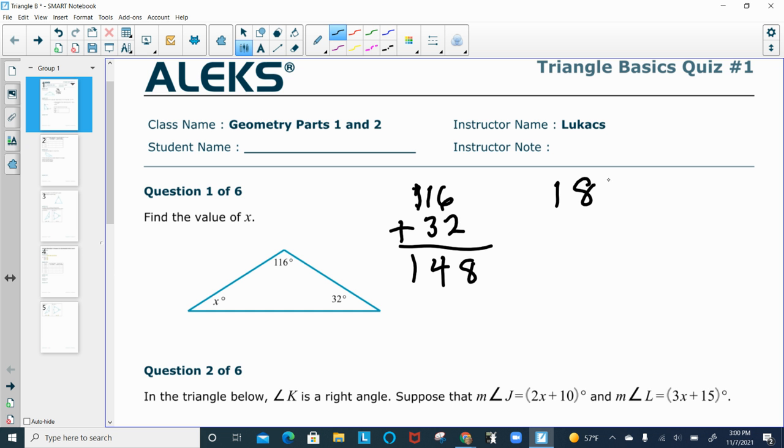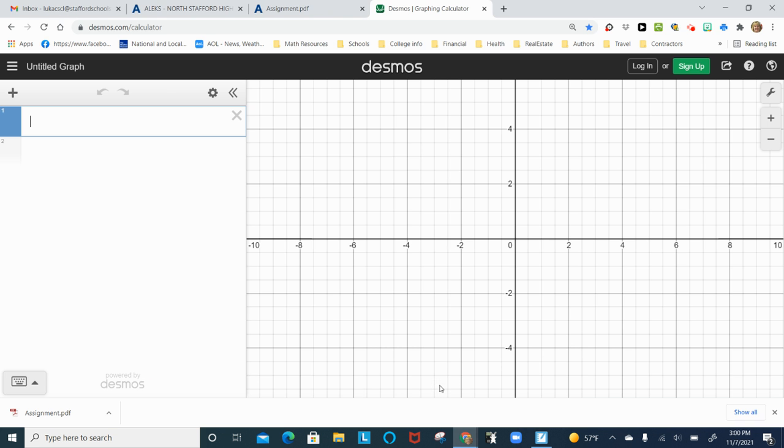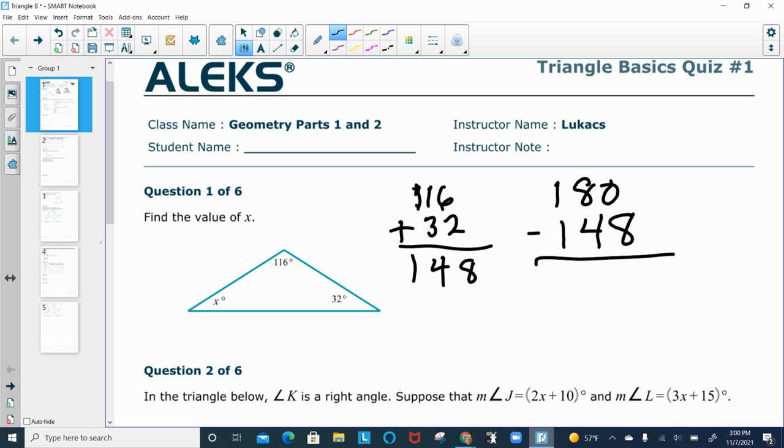And then we'll subtract that from 180. And if you're having trouble subtracting that from 180, feel free to go over here to the Desmos calculator. 180 minus 148, and that gives us 32. And we're done with question 1.